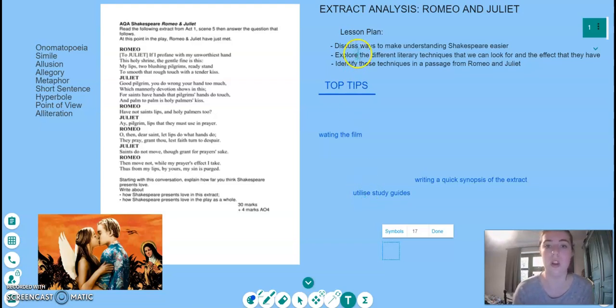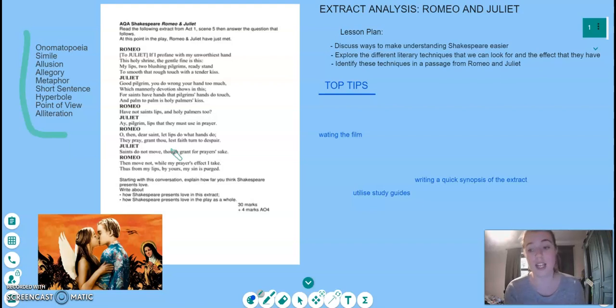Okay, so next what I would like you guys to do, if you see here, we've got a list of some of the techniques that you can find in some Shakespeare plays. Don't be put off if you don't find some of these in this specific extract, because you're not guaranteed to find them all.